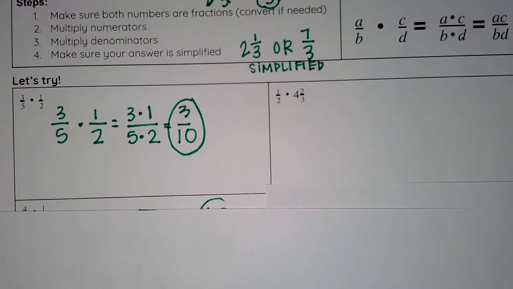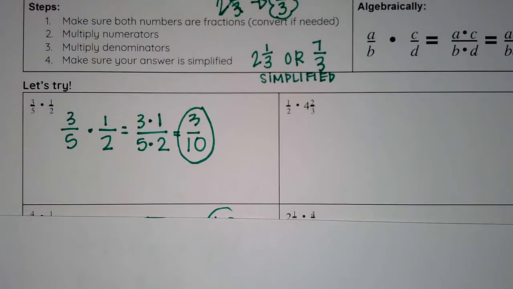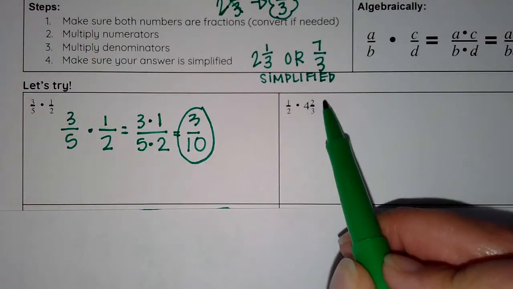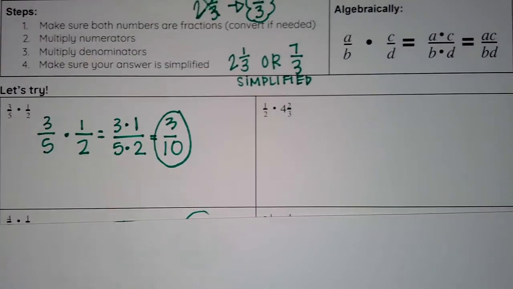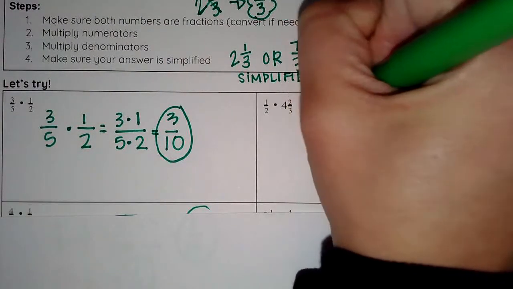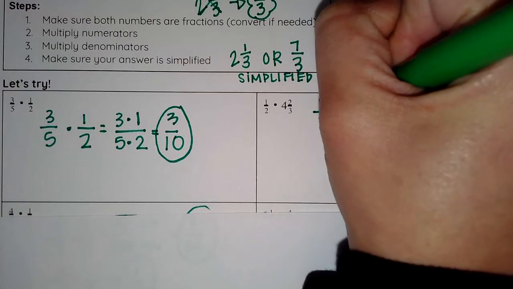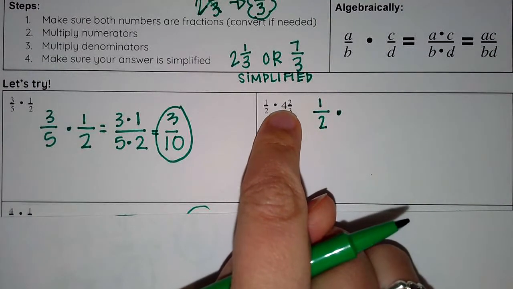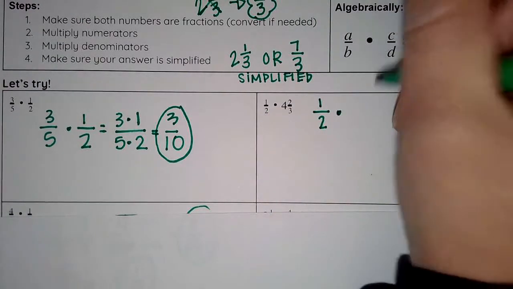We've got 1/2 times 4 and 2/3. Now our first step is to make sure both our numbers are fractions. But in fact here, we've got a mixed number, so we need to convert that. So my new multiplication problem will be 1/2 times 3 times 4 is 12 plus 2 is 14.